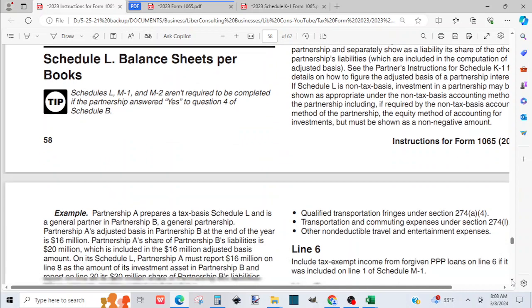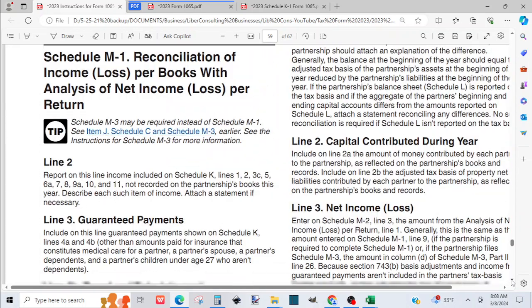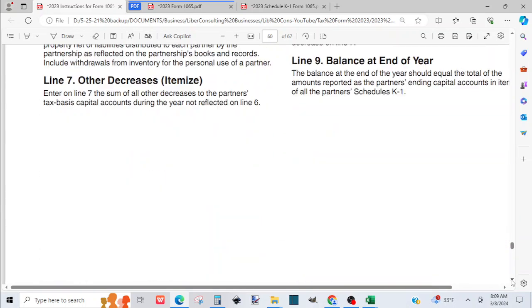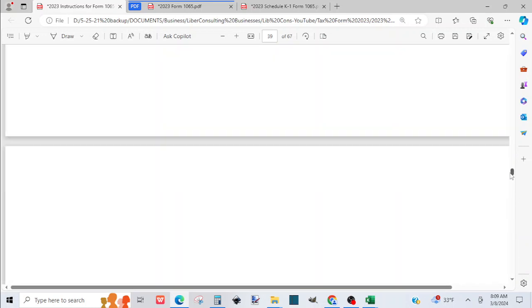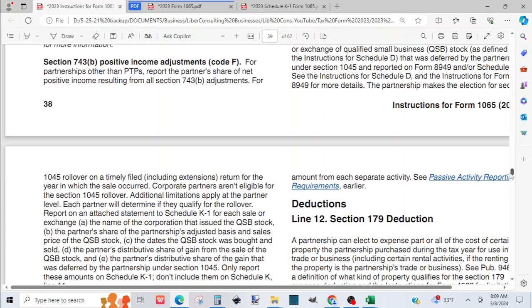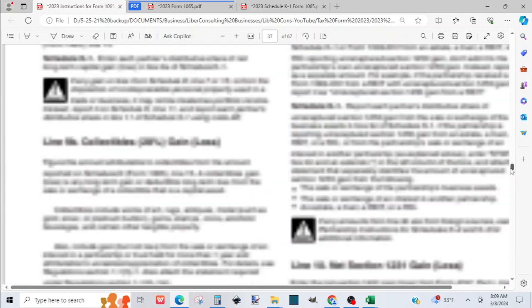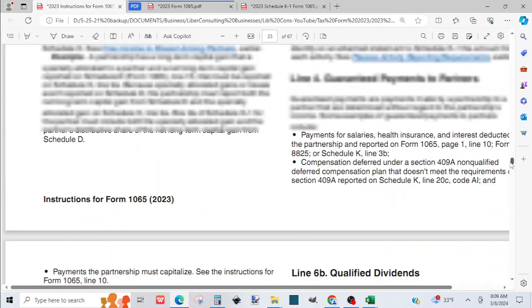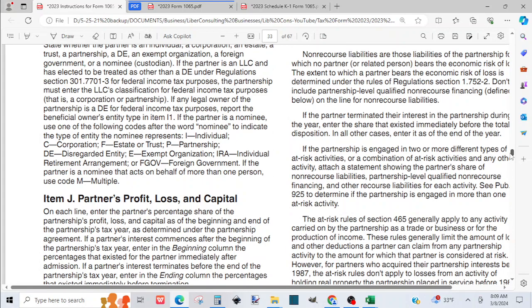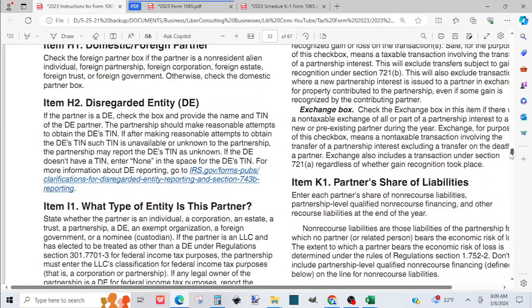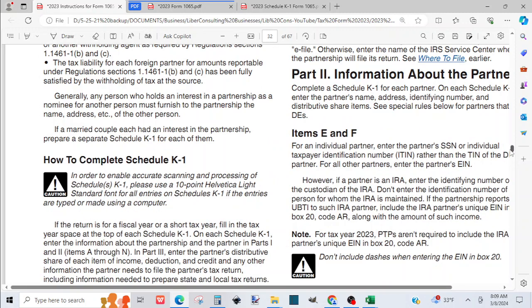I think, let me see here. I'm going to go a little up here to see if we have more information on it.